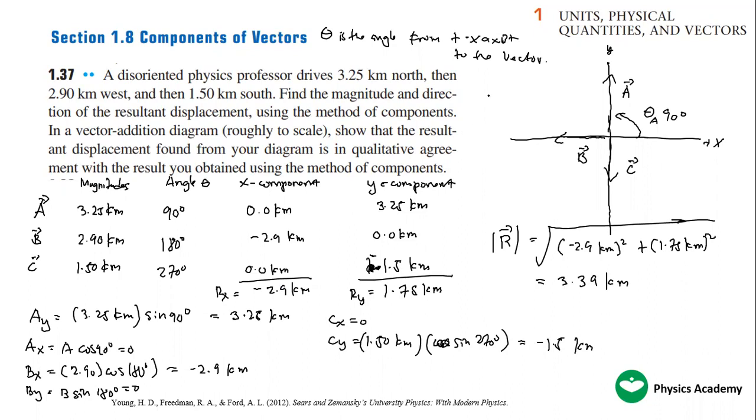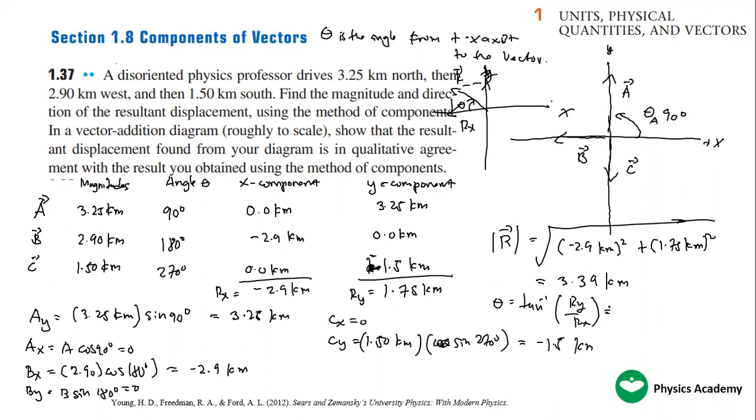If you graph your resultant vector, your Rx is negative and your Ry is positive. So your vector R is in the second quadrant. The direction, theta, is equal to the inverse tangent of Ry over Rx.